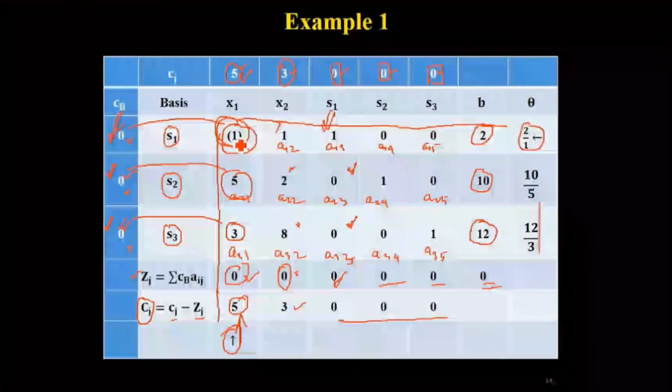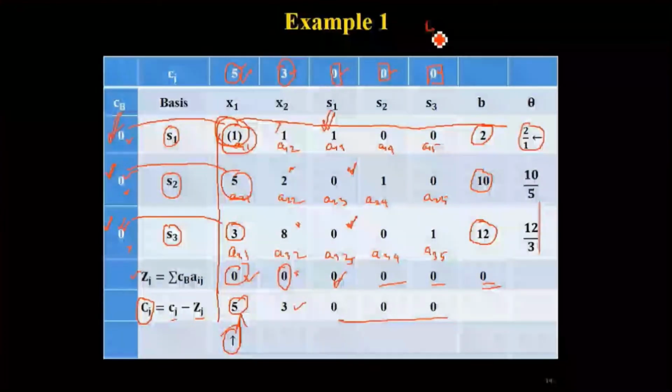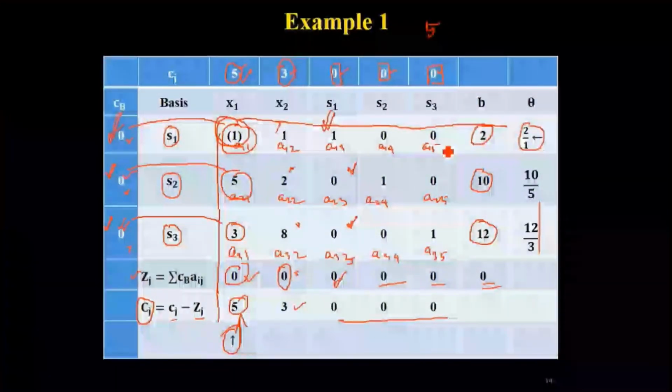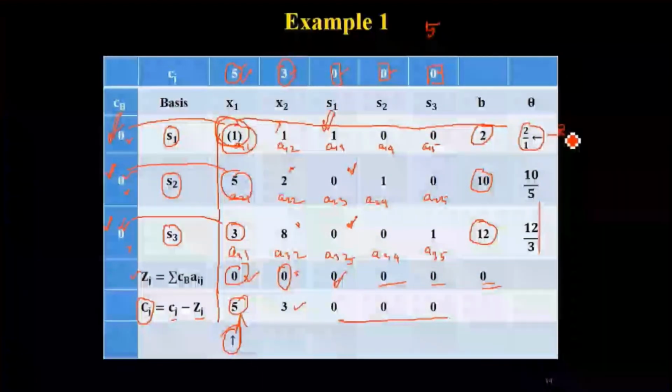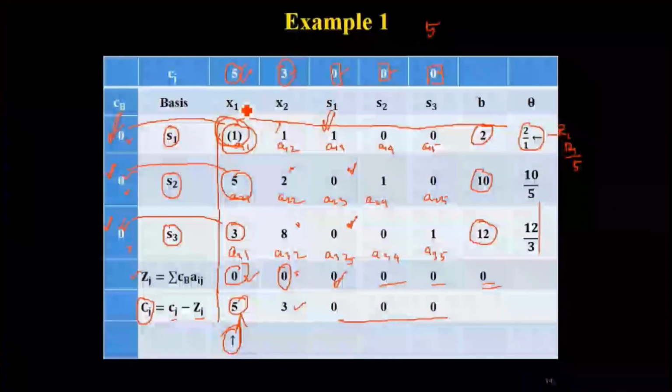But if instead of 1 it were, say, 5, then we would have to divide row 1 by 5 to make the key element unity. Next you have to replace: x1 is the new variable coming. From this column it hits x1 and from this row it hits s1. That means s1 will be replaced by x1 and this key element will be 1.